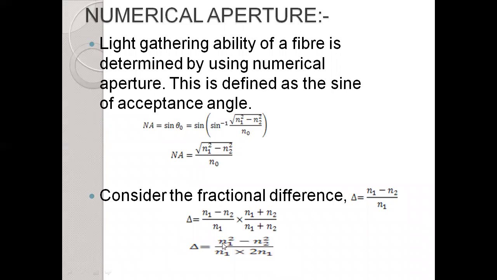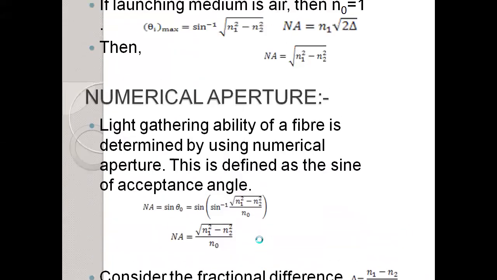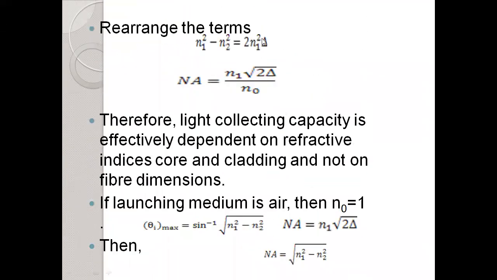Now, rearranging the terms, you will get n1 square minus n2 square is equal to 2 n1 square delta. So the numerical aperture formula, the square root of n1 square minus n2 square, will be n1 into square root of 2 delta by n naught. This is the formula for numerical aperture in terms of fractional difference.